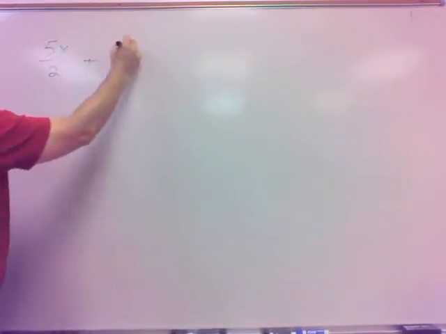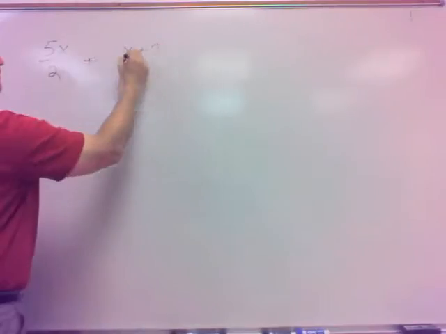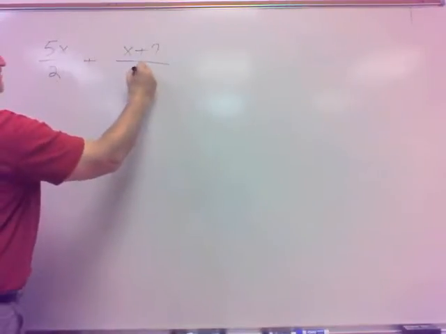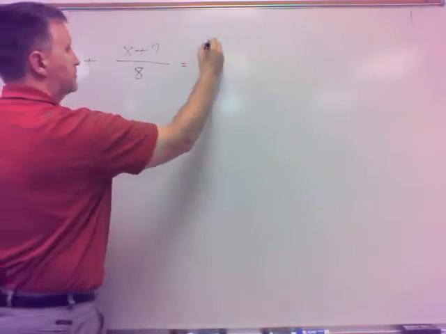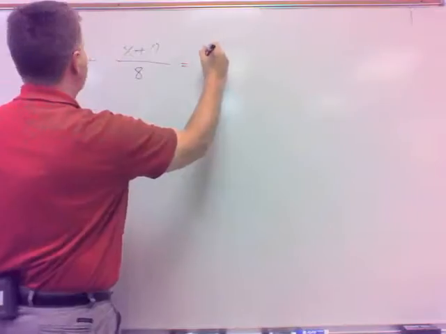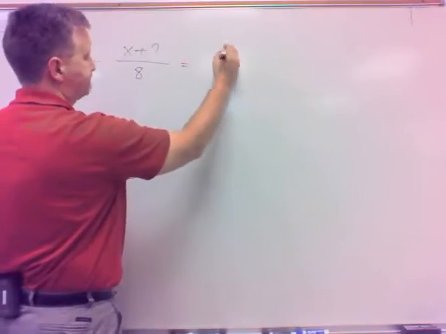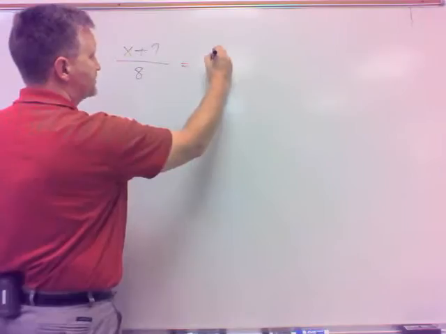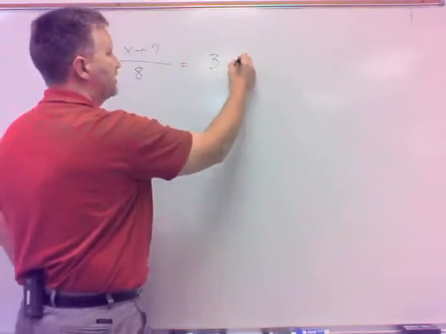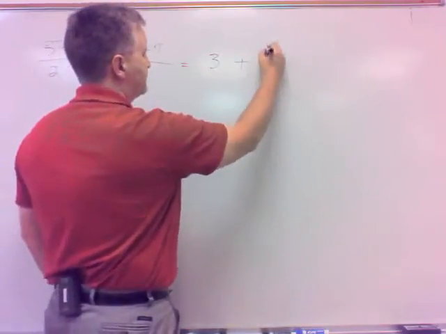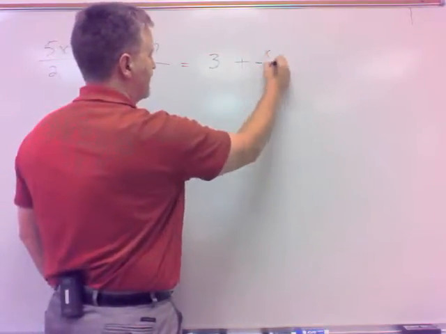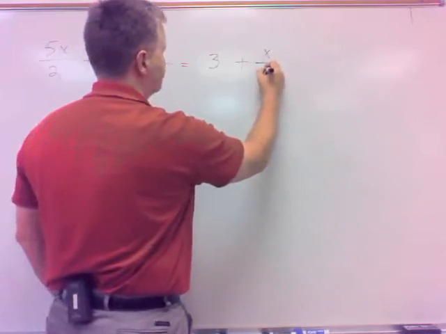One thing is something like this: 5x over 2 plus x plus 7 over 8 equals, let's just do 3 plus x over 5.